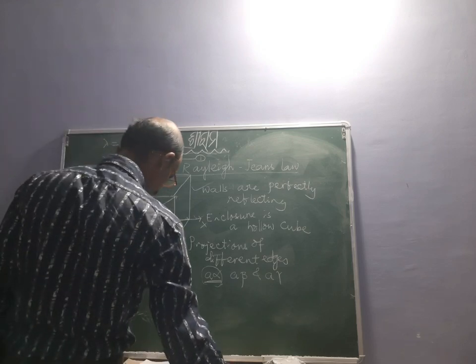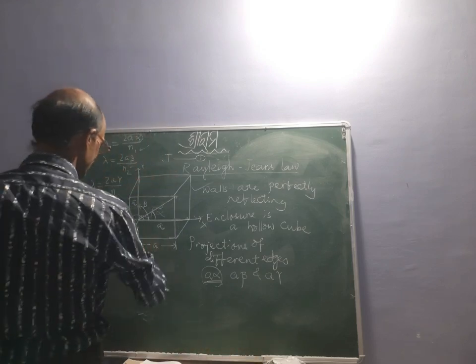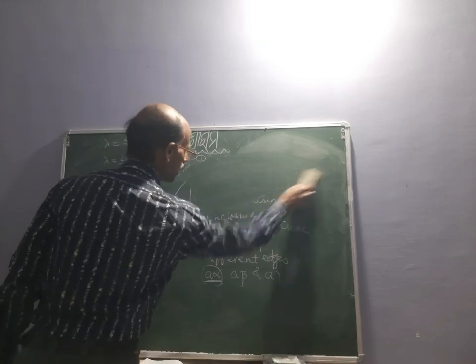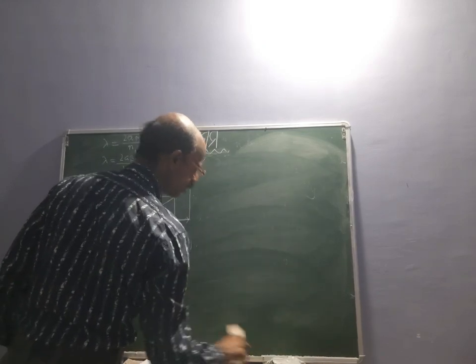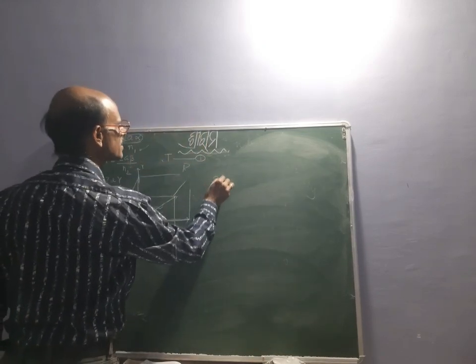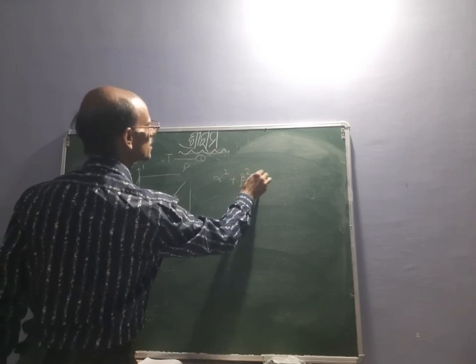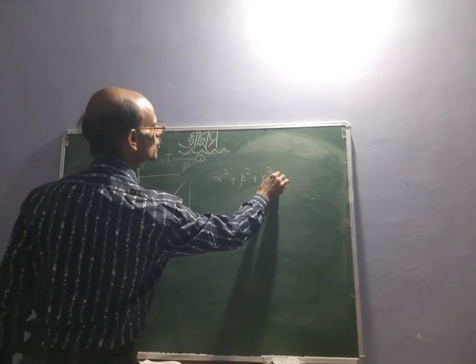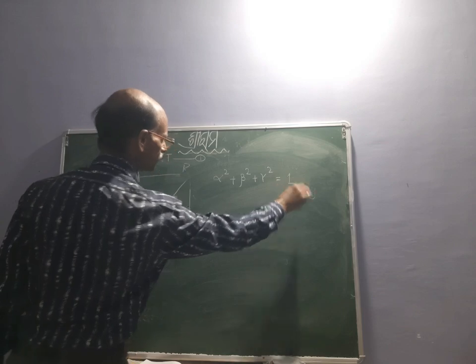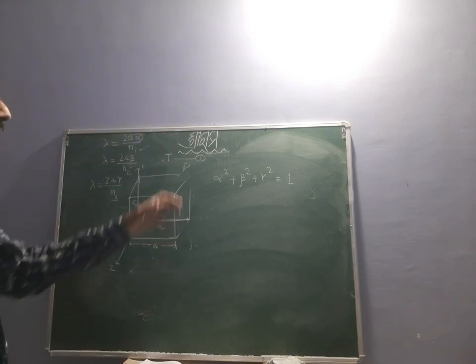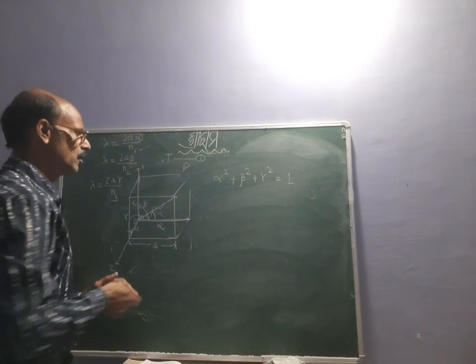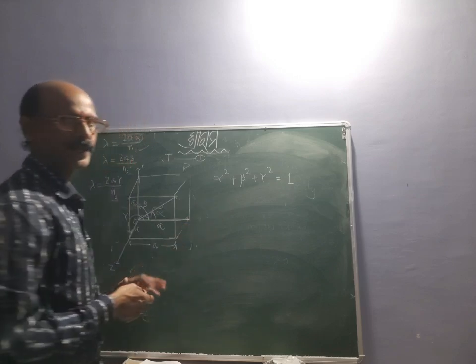Now from trigonometry we know that the sum of squares of direction cosines, alpha square plus beta square plus gamma square, is equal to 1. This is a relation from trigonometry where alpha, beta, gamma are the direction cosines.